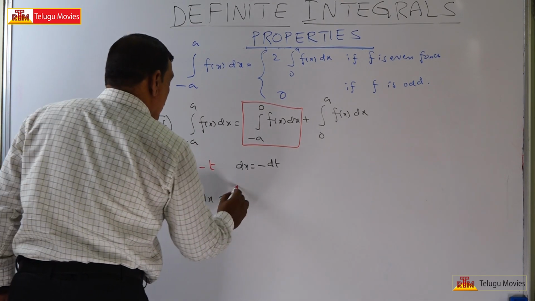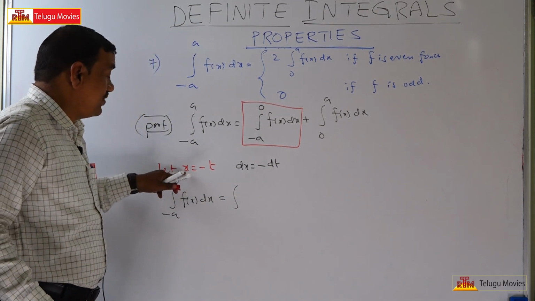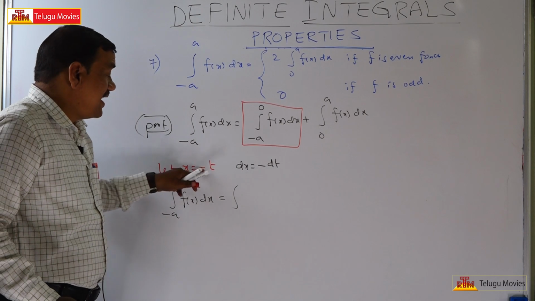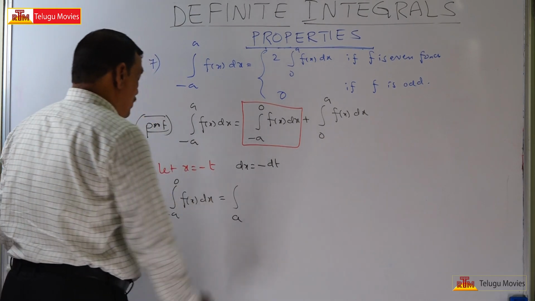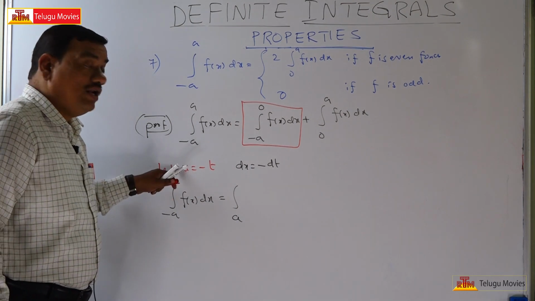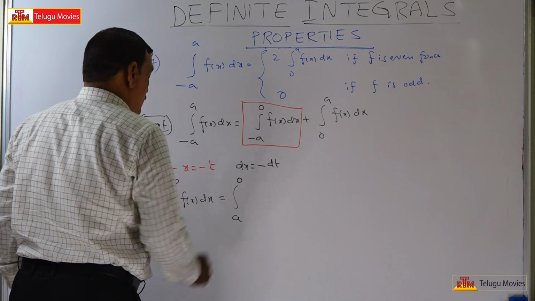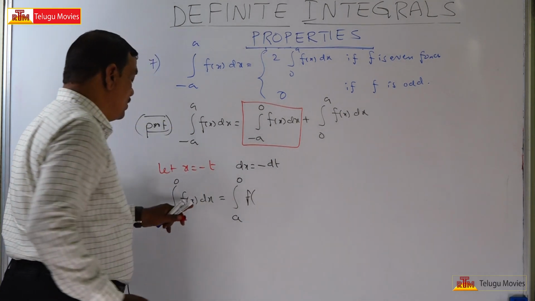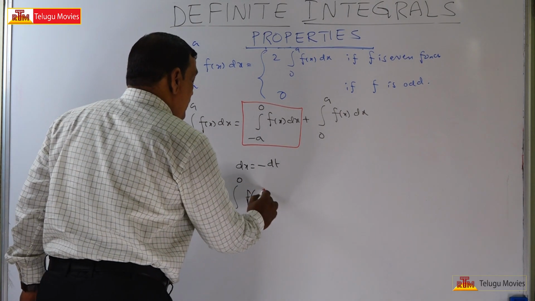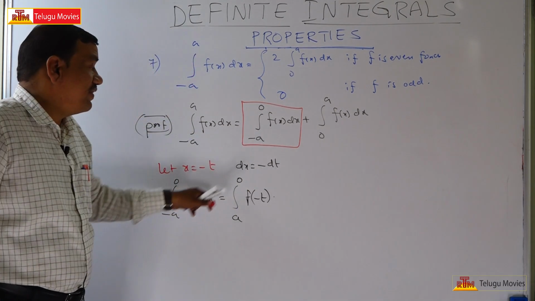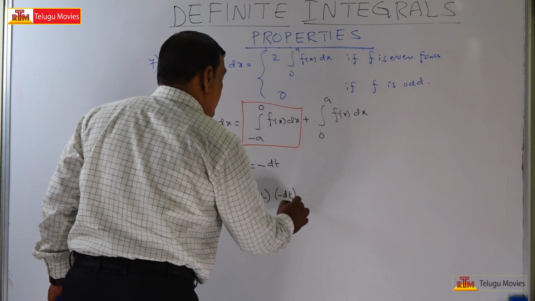This is equal to the integral: if your x value is minus a, minus minus will cancel, t is equal to a. If your x value is 0, then t is also 0. f of your x value, which is minus t, into your dx value, which is minus dt.